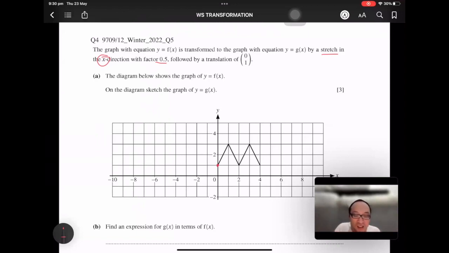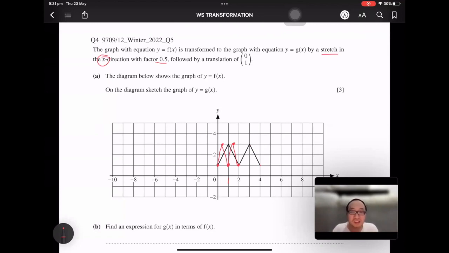And if we multiply everything by half, this 1 becomes half, this 2 becomes 1, 3 becomes 1 and a half, and 4 becomes 2. So it will be like this under the horizontal stretch in the x direction with scale factor 0.5.